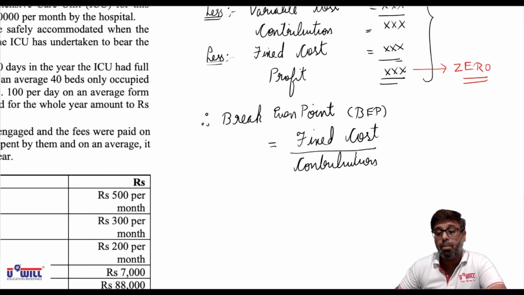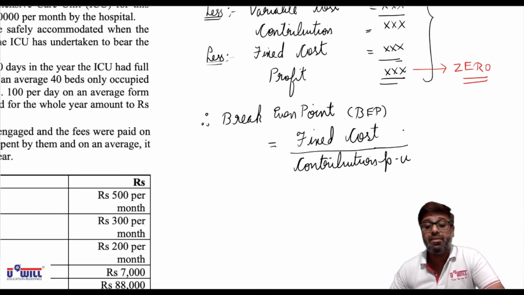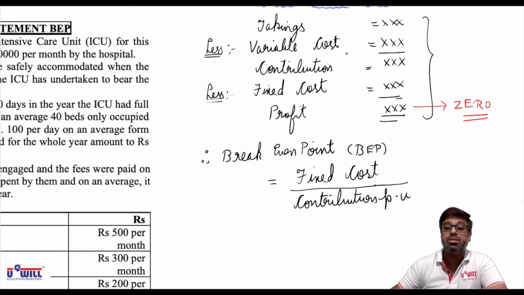This is the formula of break-even point. So fixed cost would be divided not by this total contribution but by contribution per unit.